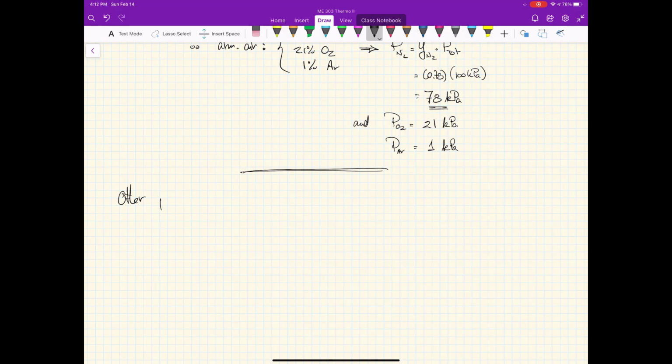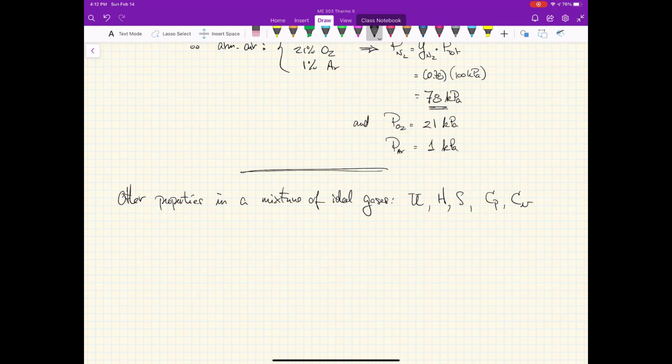What we are saying is that if the makeup of that atmospheric air is 78% N2 as before, 21% O2, and 1% argon, then what that means is that the partial pressure of nitrogen in that mixture is going to be equal to the mole fraction of nitrogen times the total pressure that we have in the container.